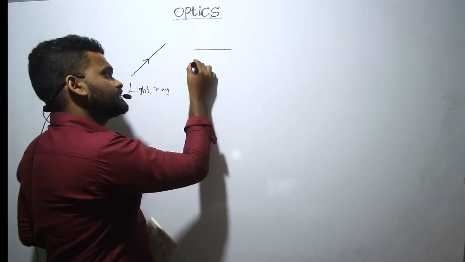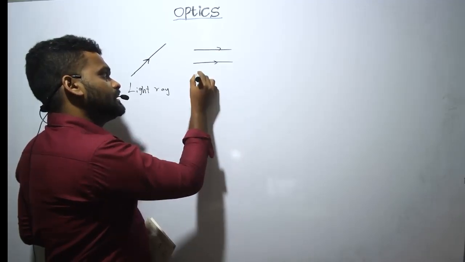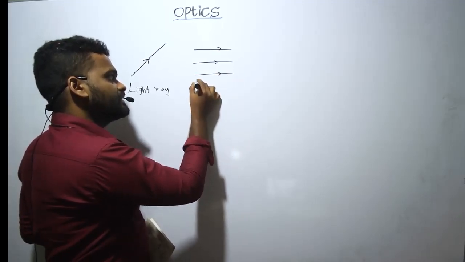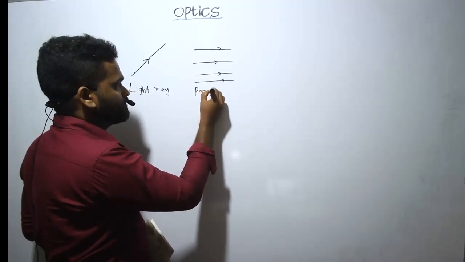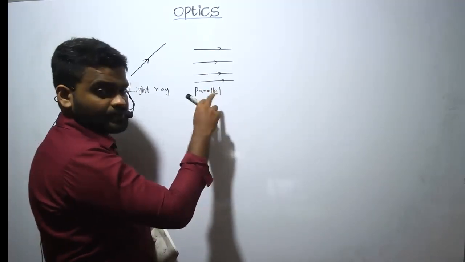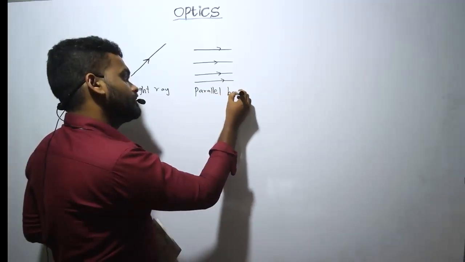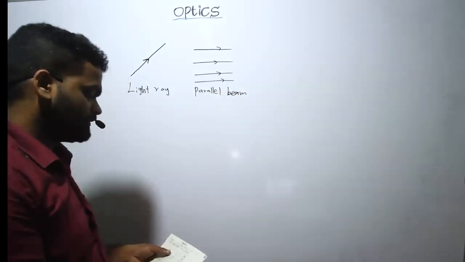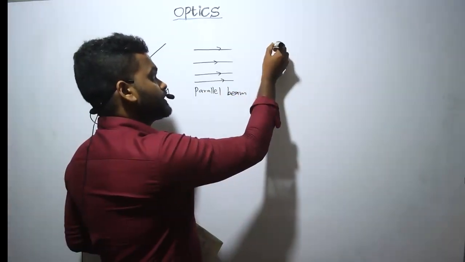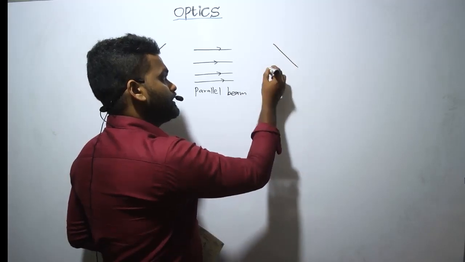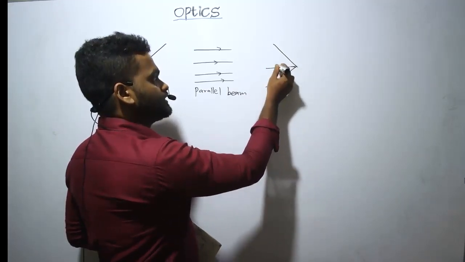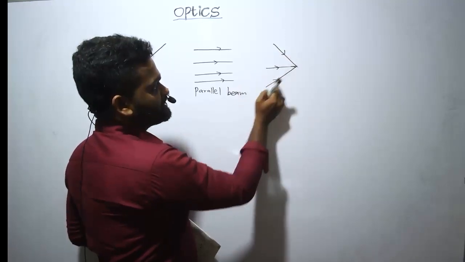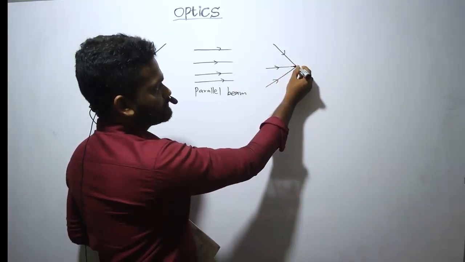Then there are several types of light beams. If these light rays are parallel, such a light beam is called a parallel beam. Let's say light rays converge to a point.